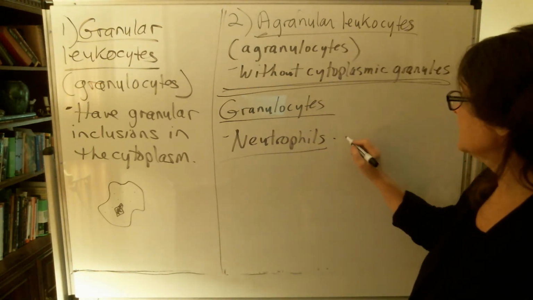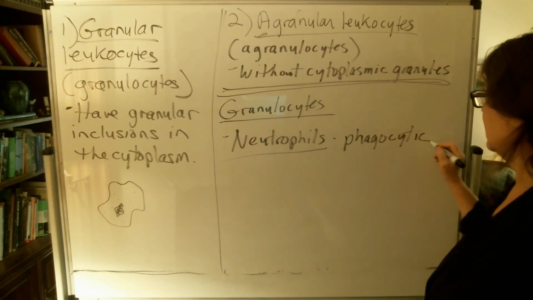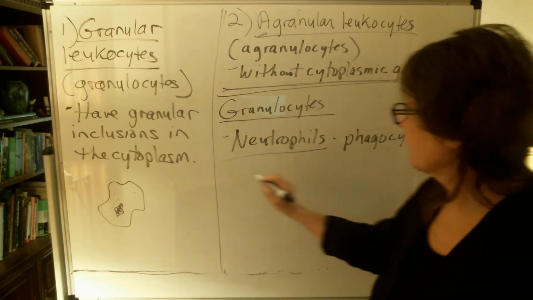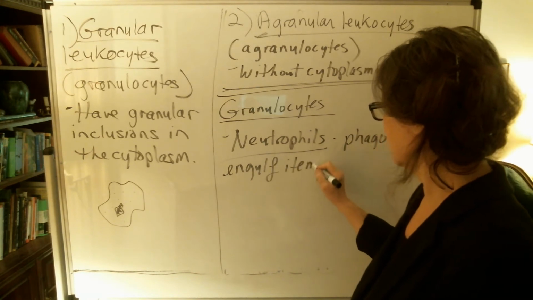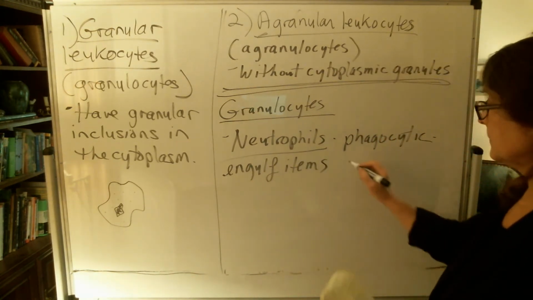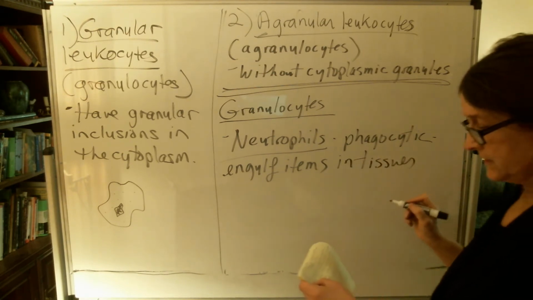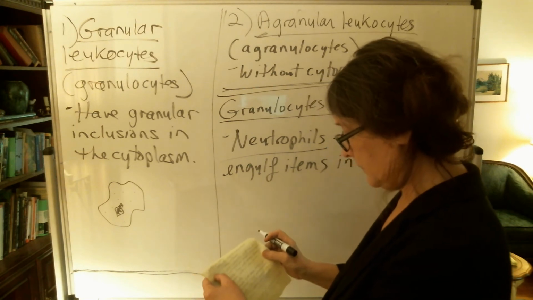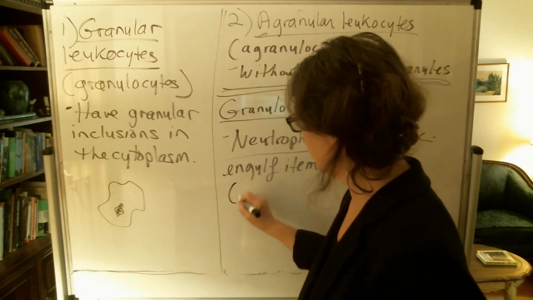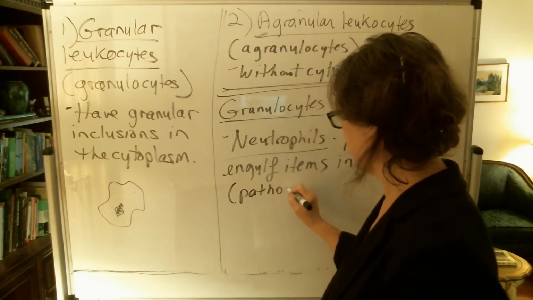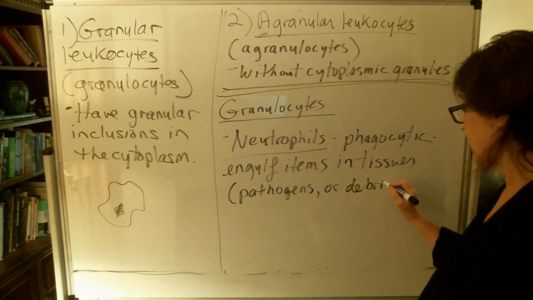So these cells then are phagocytic. So they engulf items in your tissues and so these will be either pathogens or they will be debris.